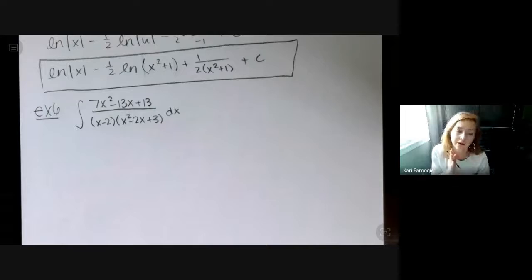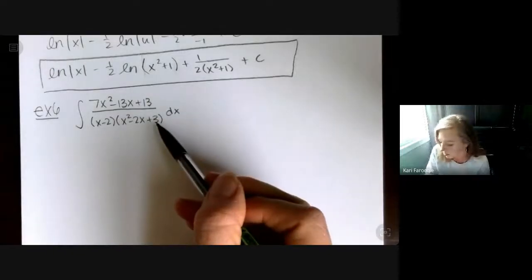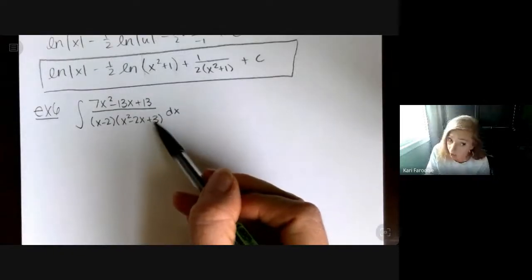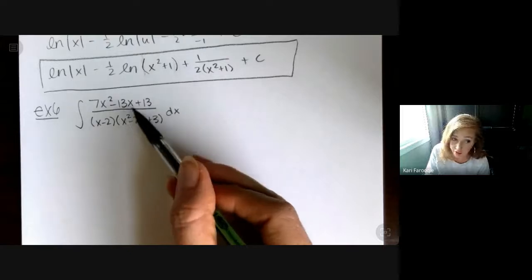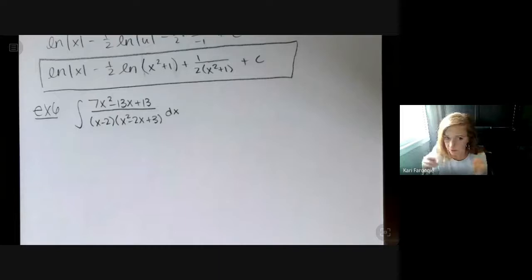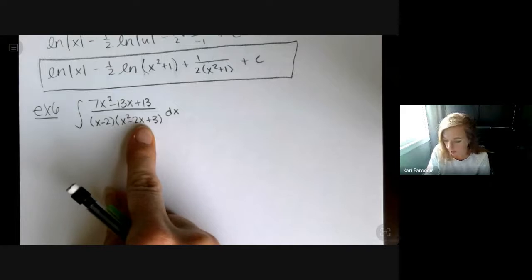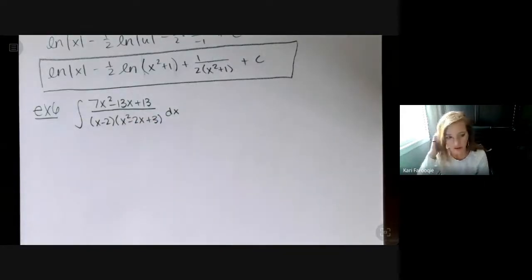Now, if you're wondering, why didn't she factor this? Well, take a look at the signs. You can't think of any two numbers that multiply to give you positive 3 and add to give you negative 2. So be careful here. Don't factor this incorrectly and then have 3 linear factors and think, okay, done, 3 natural log functions, because that's not actually what you have here.